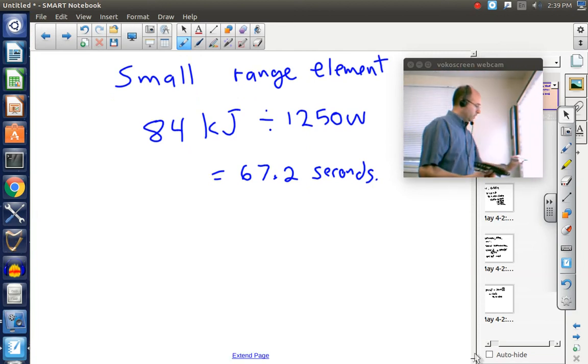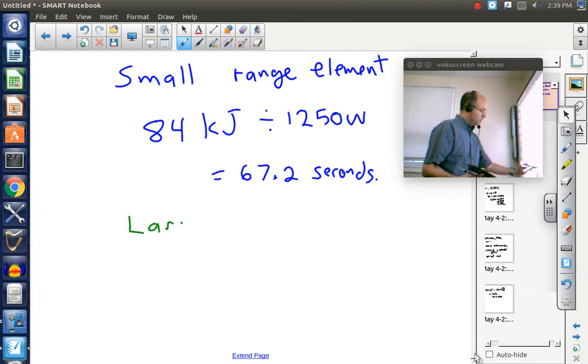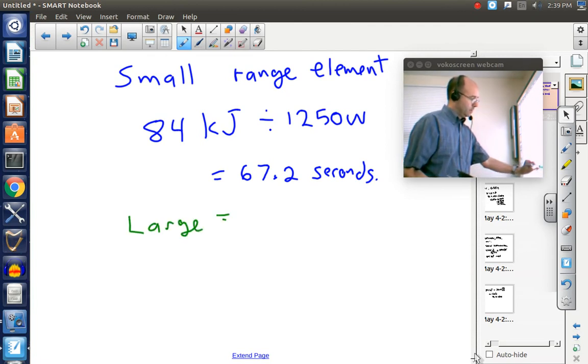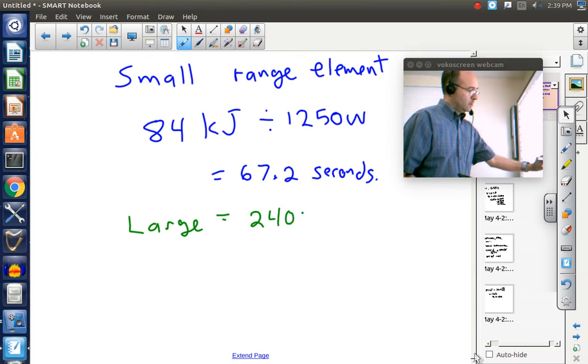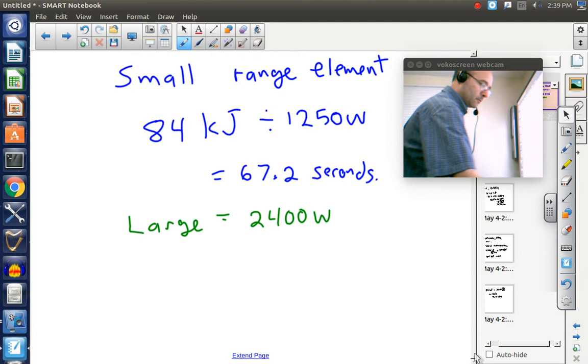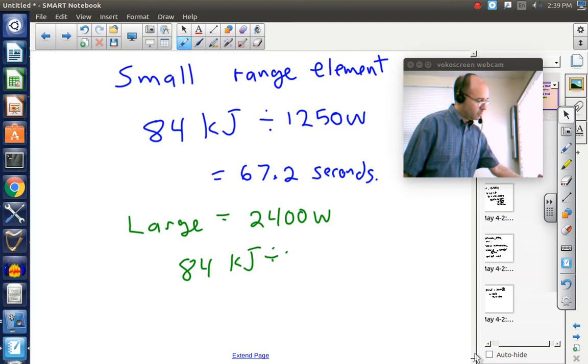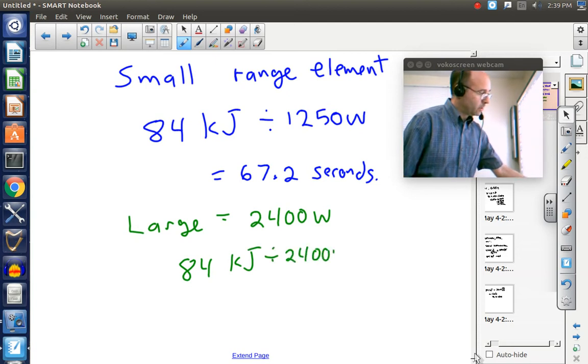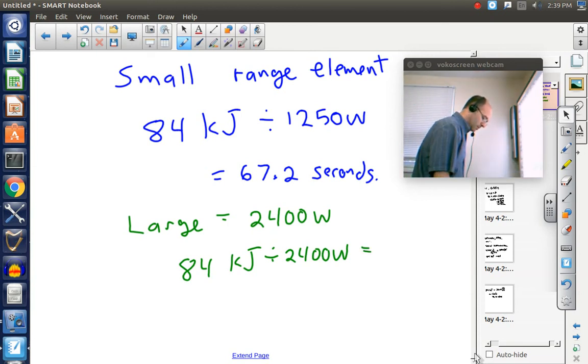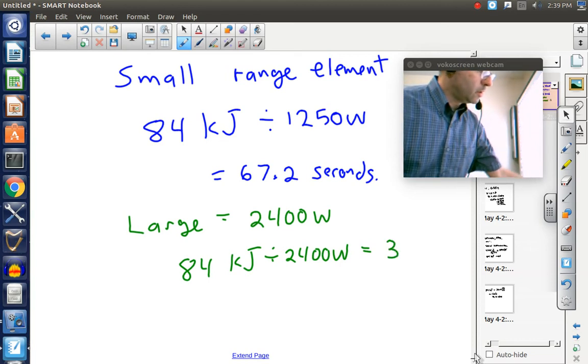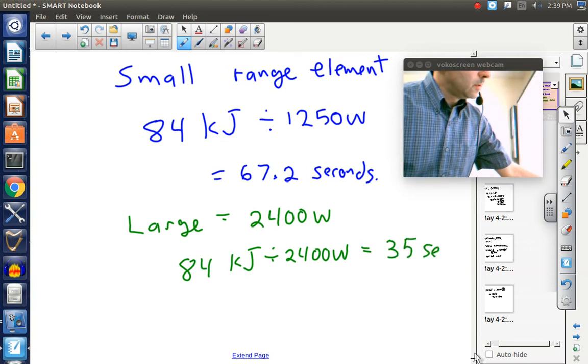This one is large, 2400 watts. So 84 kilojoules divided by 2400 watts equals 35 seconds.